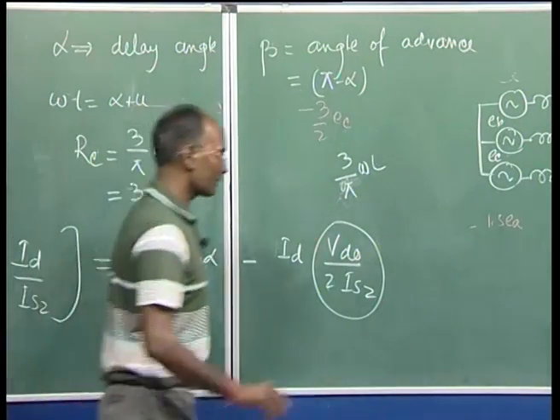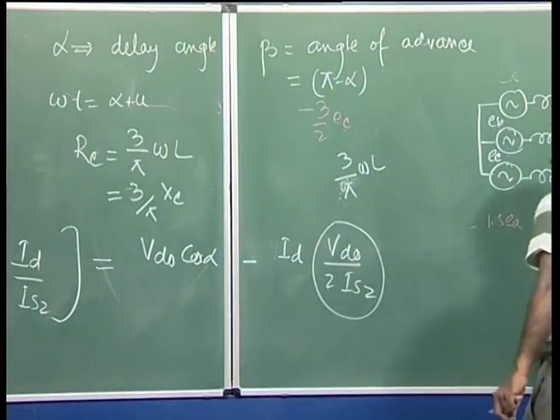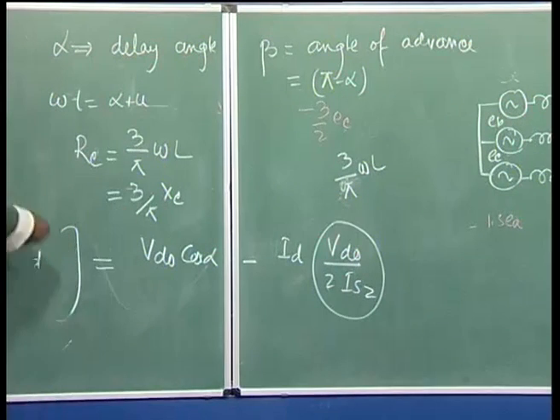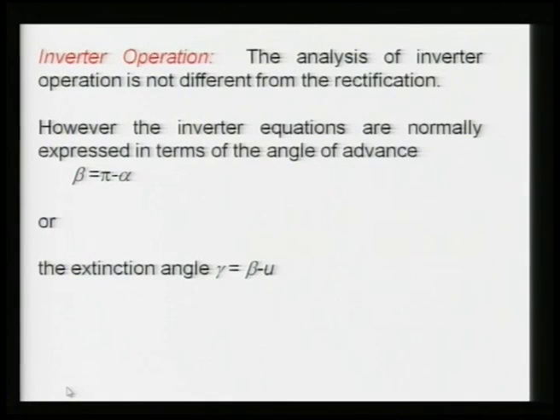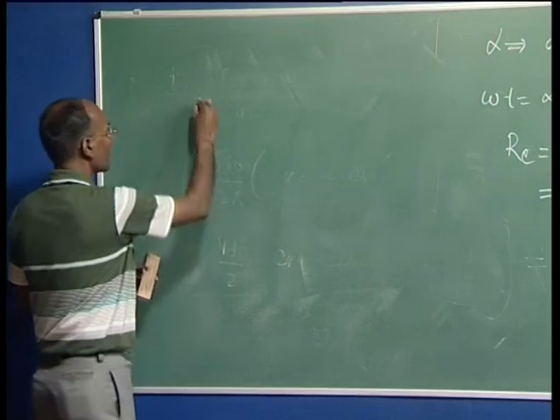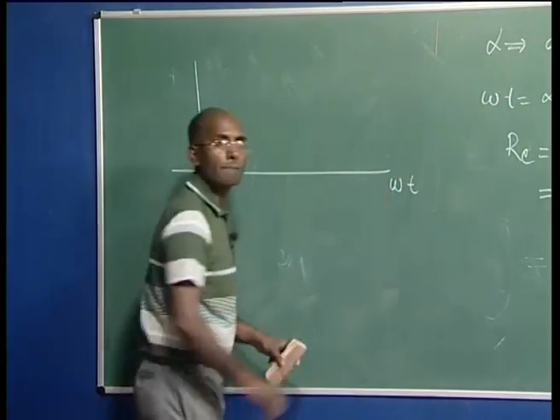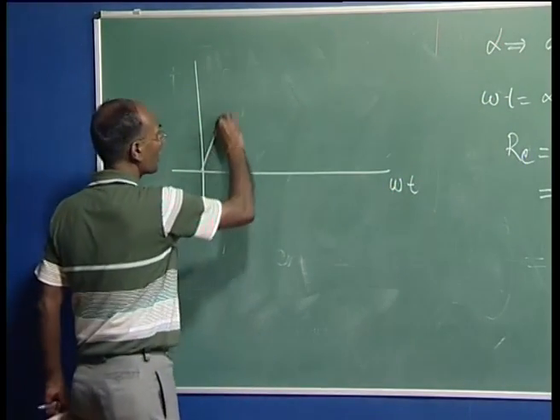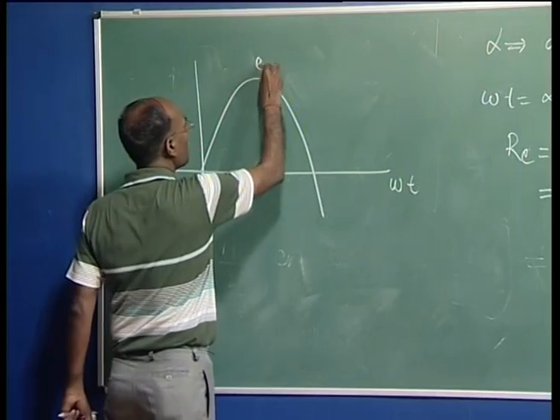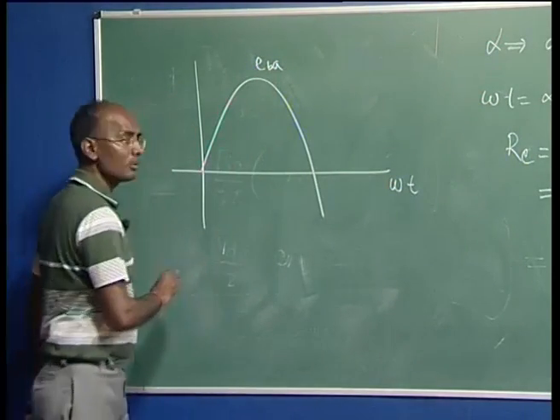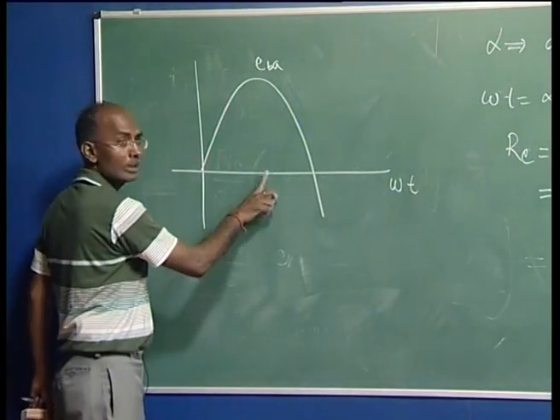To see it, let us draw the commutation voltage of valve 3, and then it will be more clear what alpha is, what gamma is, and what u corresponds to. Here on this axis is omega t. Now this is EBA. Now this alpha is delayed more than 90 degrees.